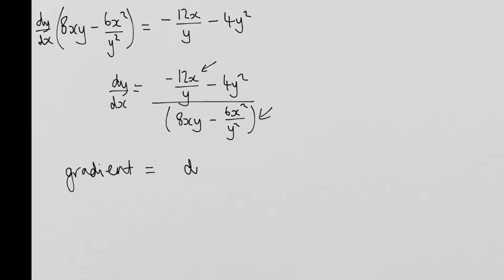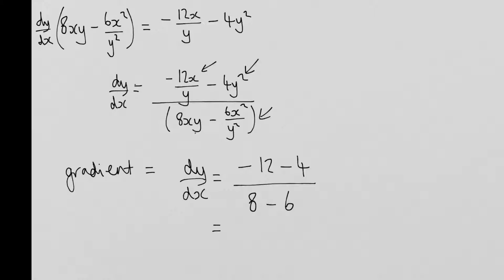So the gradient, dy by dx, is going to be minus, if I substitute in 1 there and 1 there, minus 12. Substituting in 1 here, 1 squared, so take away 4, all over 8 times 1 times 1 is 8, 6 times 1, all divided by 1, is going to give me a 6 there.